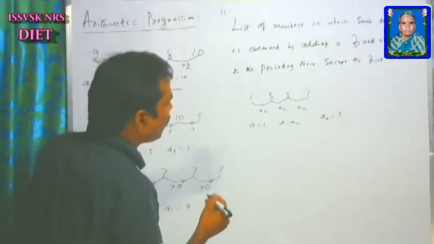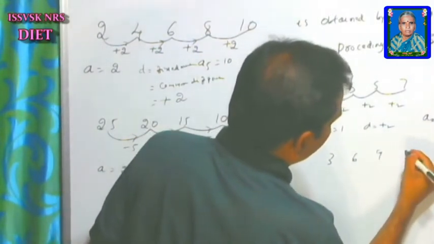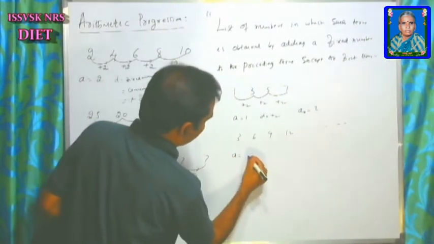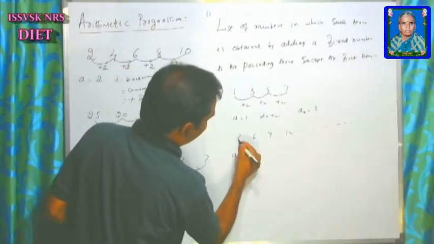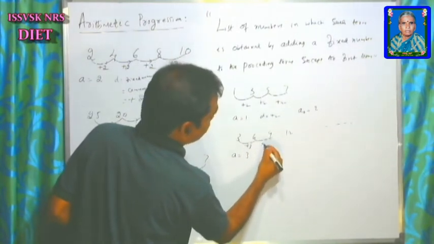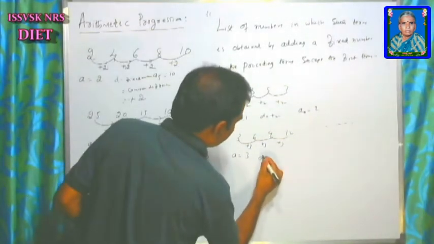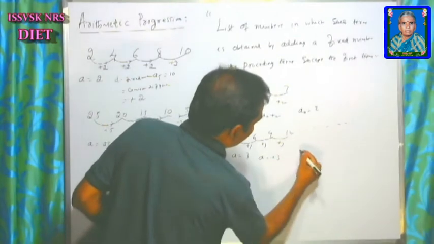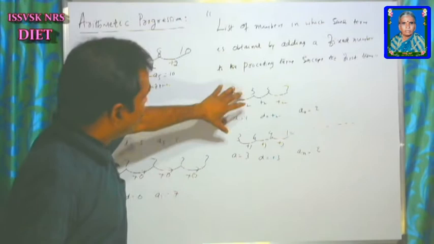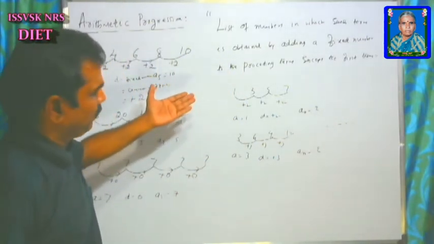Let us take one more example. 3, 6, 9, 12, etc. Here the first term is equal to 3. The difference between these numbers is plus 3, so common difference d is equal to plus 3. Here also the final term is absent. By using these two examples, we can define the arithmetic progression.